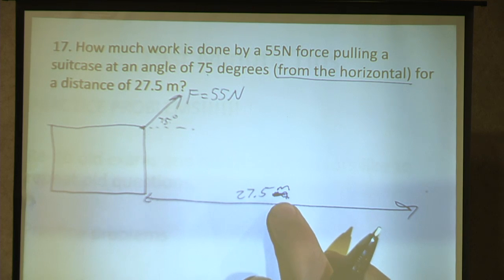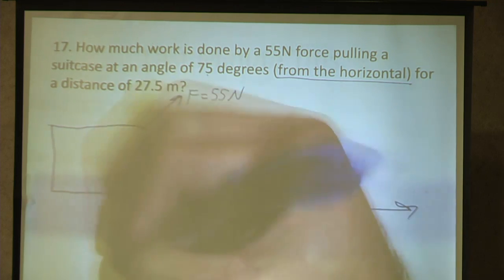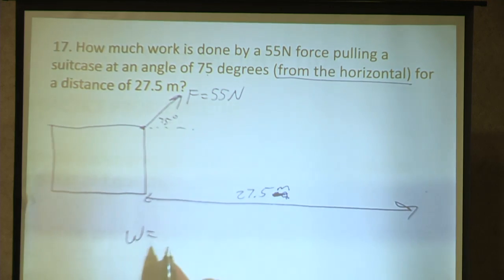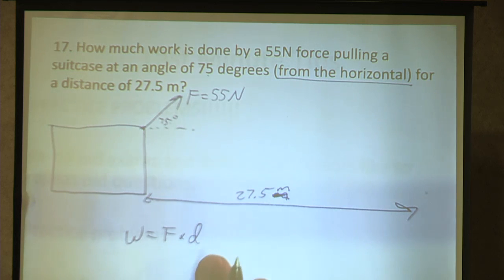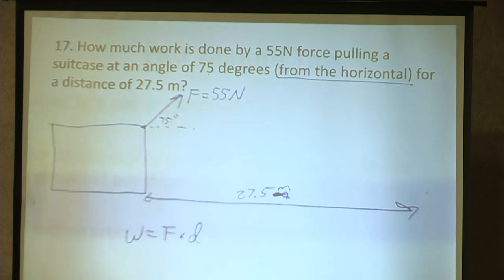Okay. So what is work? And this is a pretty simple problem. So in this one, you can just think of it in normal terms. Work is a force times a distance. But work can also be, what's the term? In x and y components. So you are moving this in the x direction.